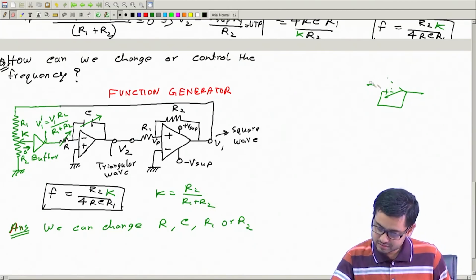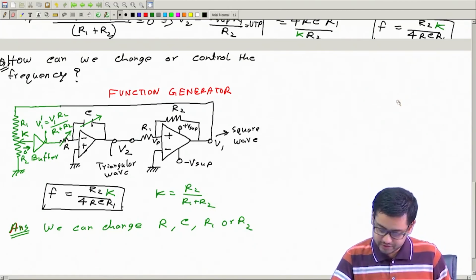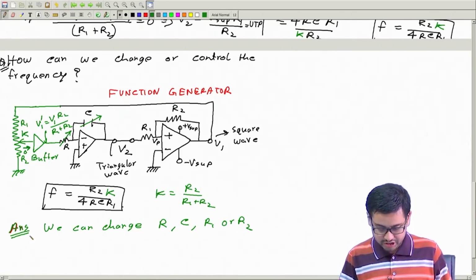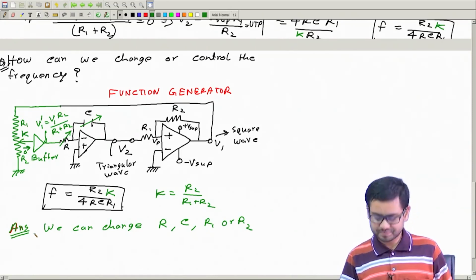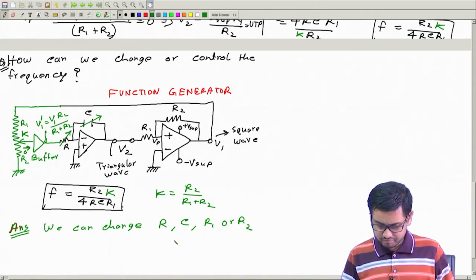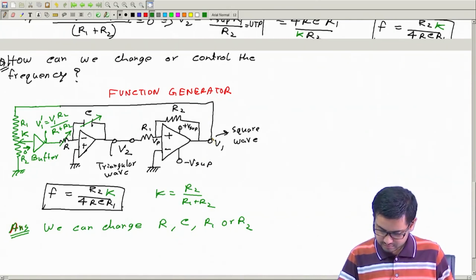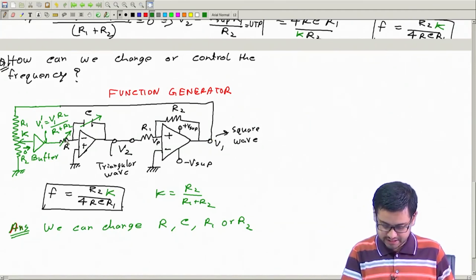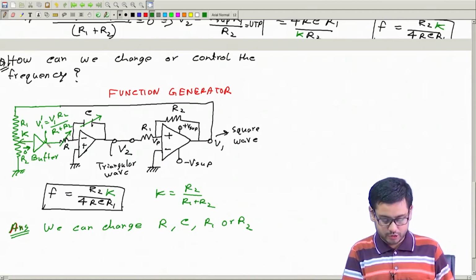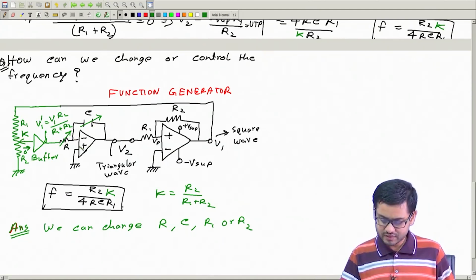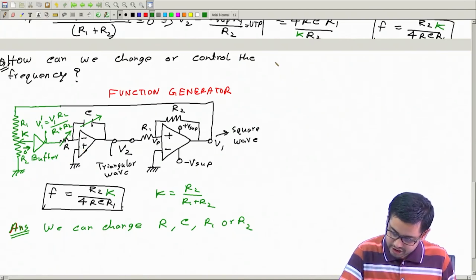So these are a few methods with which we can control the frequency. We can change this resistance, capacitance, etc., or we can change this voltage applied to the input of the integrator.